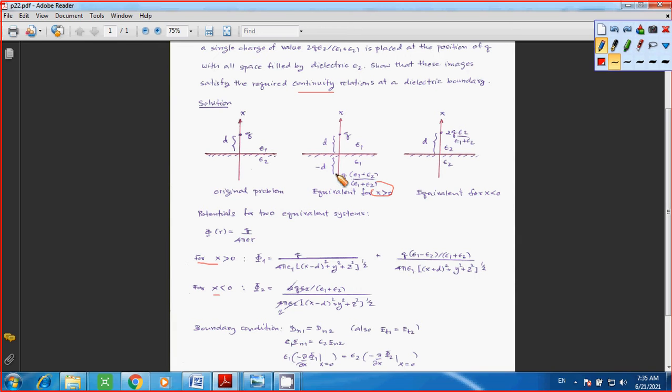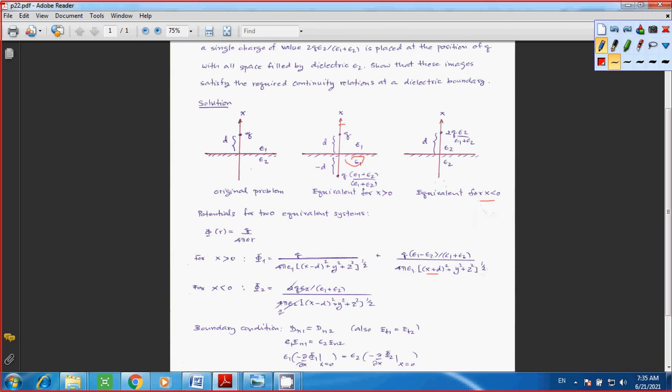Applying phi(R) equals q over 4 pi epsilon R, you end up with phi1 equal to q over 4 pi epsilon 1 multiplied by (x minus d squared plus y squared plus z squared) to the power minus 0.5, plus the second charge q prime, which is q times epsilon 1 minus epsilon 2 divided by epsilon 1 plus epsilon 2, and divided by 4 pi epsilon 1, and when x is greater than 0, this becomes (x plus d squared plus y squared plus z squared) to the power minus 0.5.